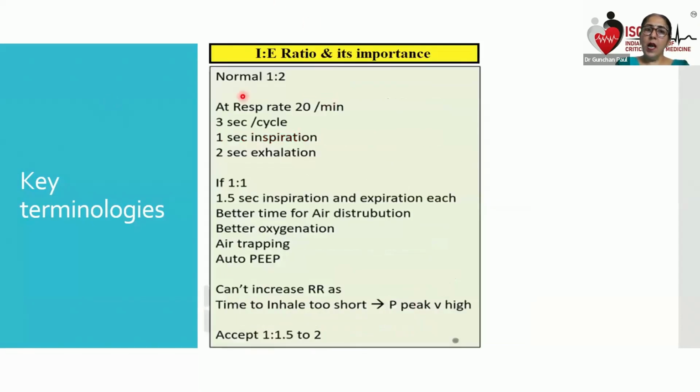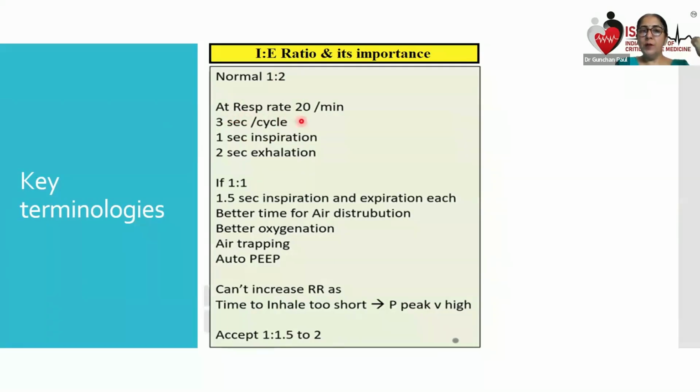Now, the third thing is the IE ratio. That is the inspiratory to expiratory time. Normally it is 1:2. I told you expiration takes longer because it is a passive procedure. During inspiration, gas is being forced. During expiration, gas will passively come out from the lungs towards the ventilator.